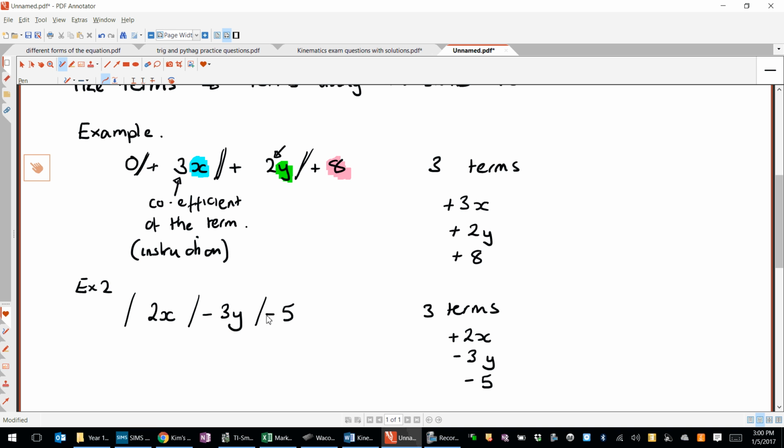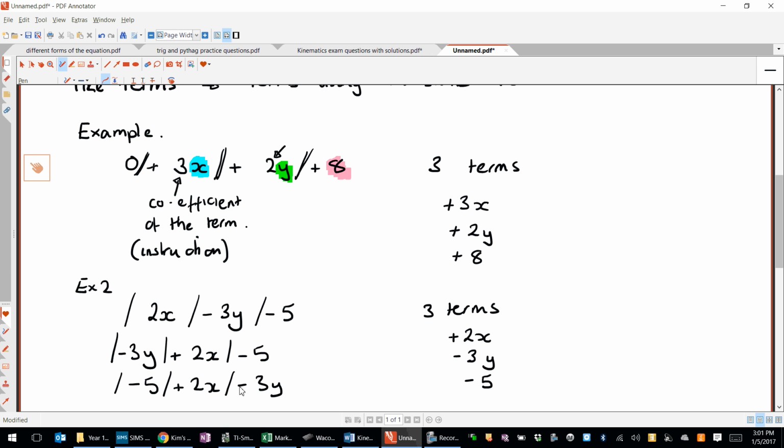I could write this as minus 3y plus 2x minus 5, or minus 5 plus 2x minus 3y. It's all the same thing. That's another important point: the sign goes with the term, and sticks together.